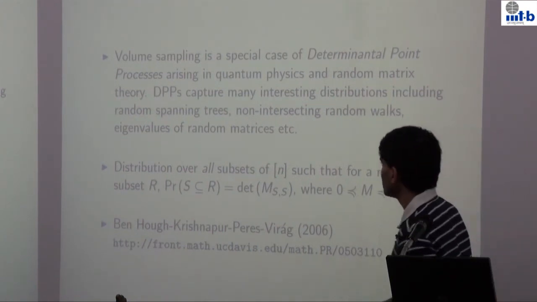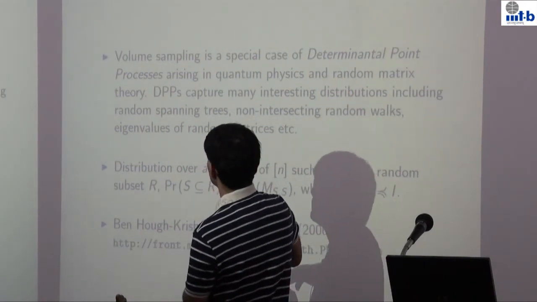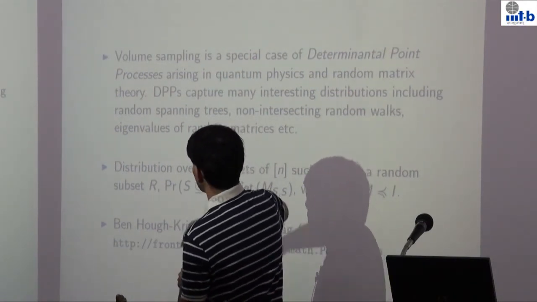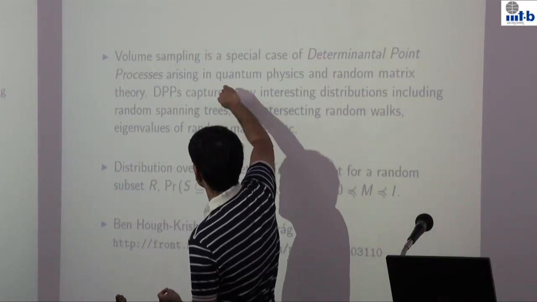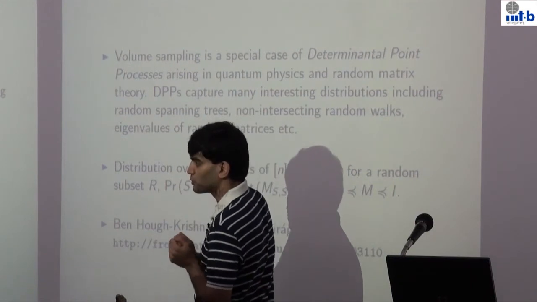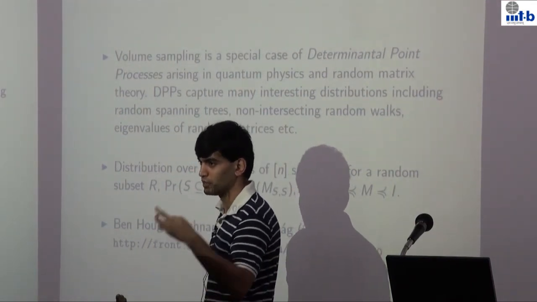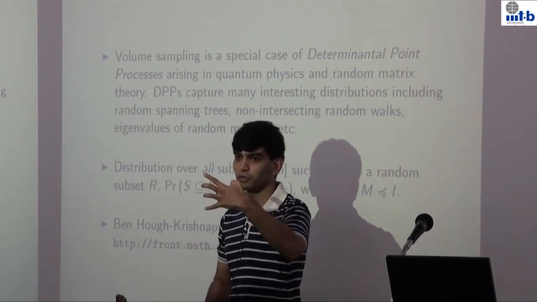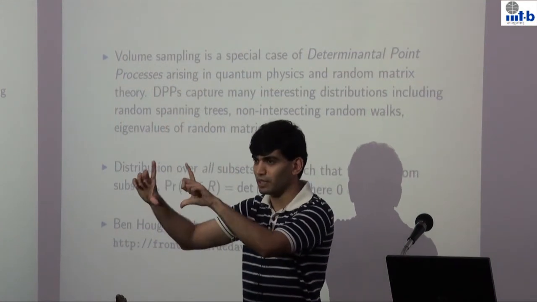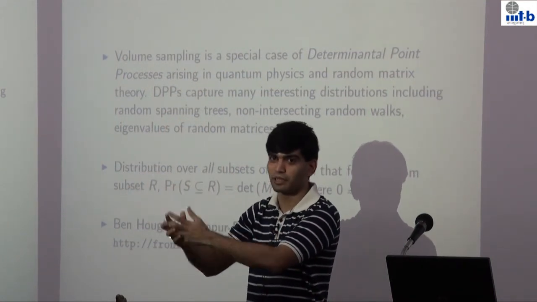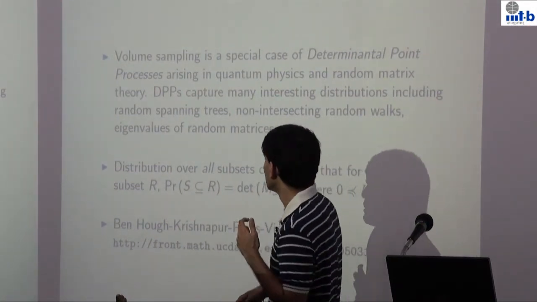The other thing is the distribution that I described: we are given an n by n positive semi-definite matrix, and using that we can define a distribution on size k subsets of 1 to n. You pick some subset of rows, you look at the same subset for the columns, you look at the corresponding submatrix, take its determinant, and that gives you the probability for picking this subset.